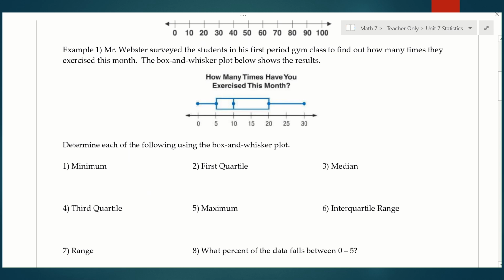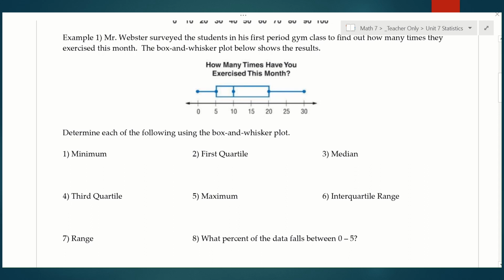Example 1 says, Mr. Webster surveyed the students in his first period gym class to find out how many times they exercised this month. The box and whisker plot below shows the results. The first thing we're going to do is state the minimum of this box and whisker plot. That is our very first point, which in this case is at 0.